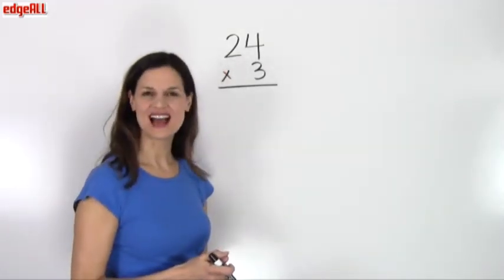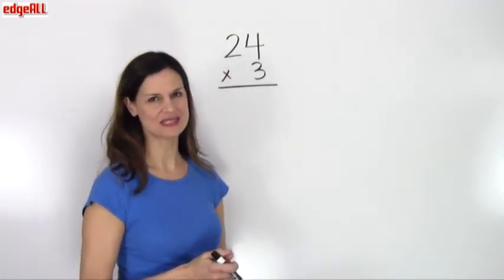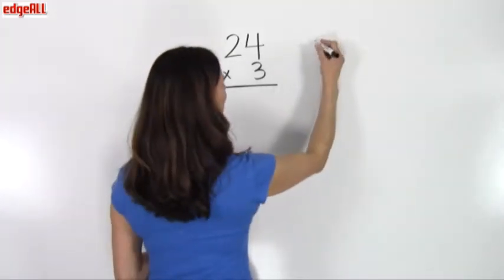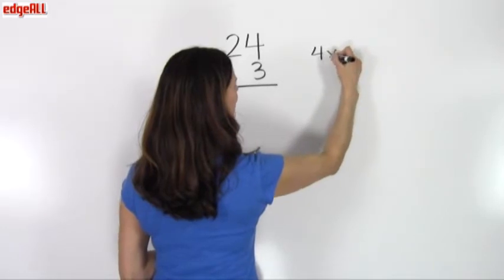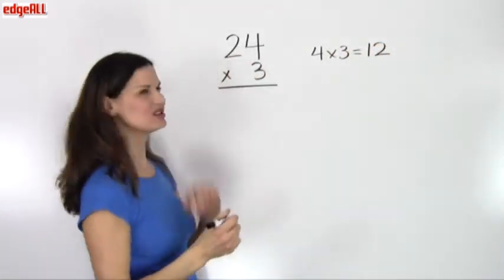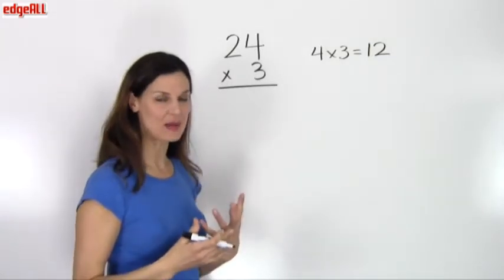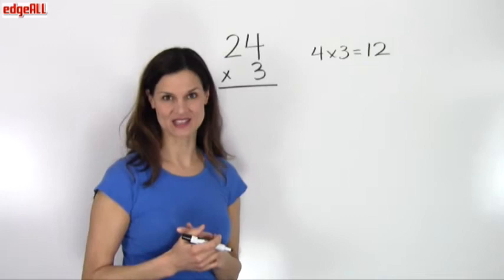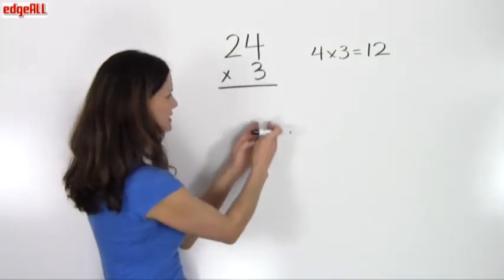So 3 times 4, or 4 times 3, which equals 12. So I know that I've got 4 times 3 equals 12 as the answer to my first step. The problem is that I need to write that answer into the ones place.